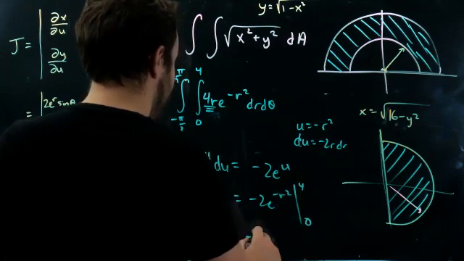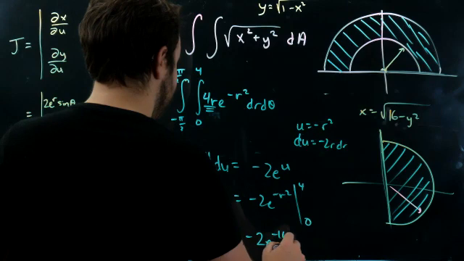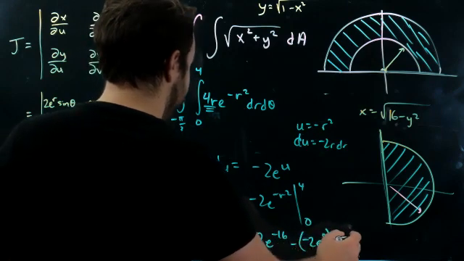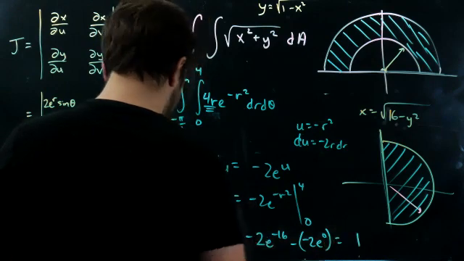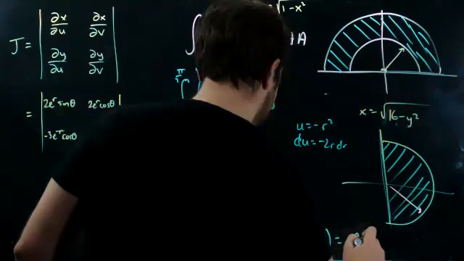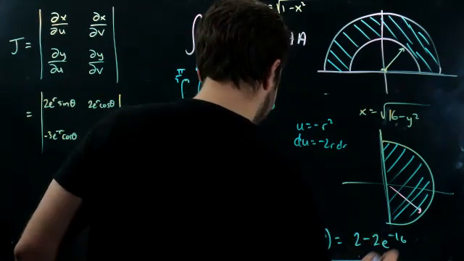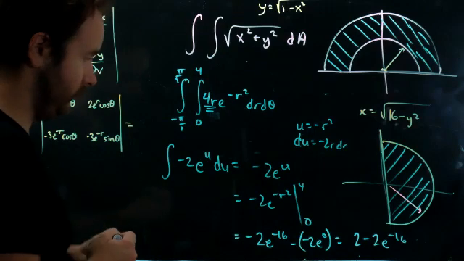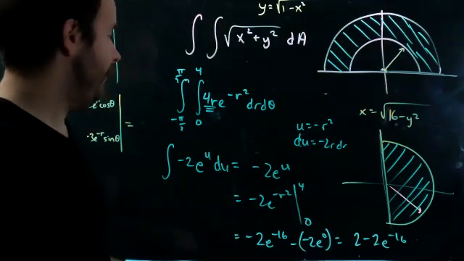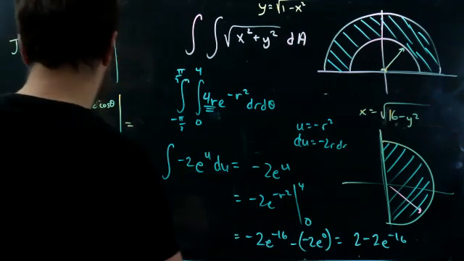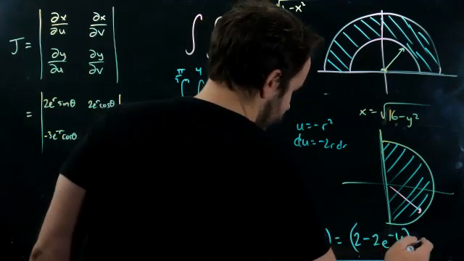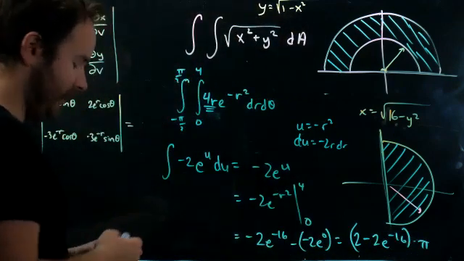This gives me negative 2 e to the negative 16 minus negative 2 e to the 0, which comes out to be 2 minus 2 e to the negative 16. Right? So far, so good. And then I integrate that from negative pi over 2 to pi over 2, which just ends up multiplying by a factor of pi at the very end.